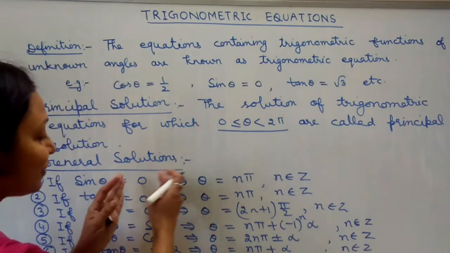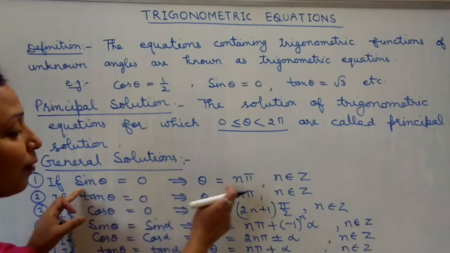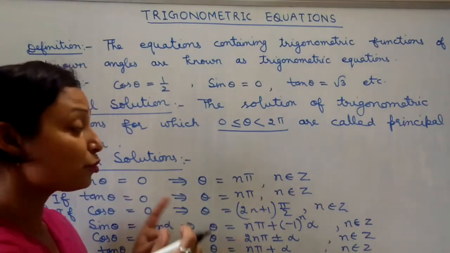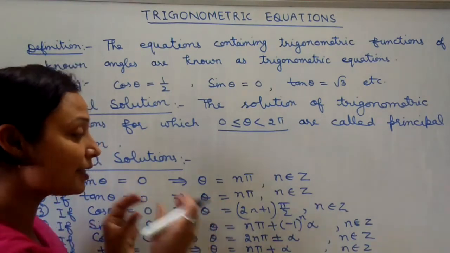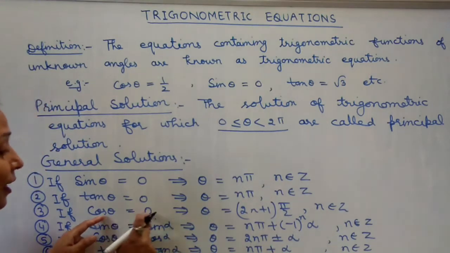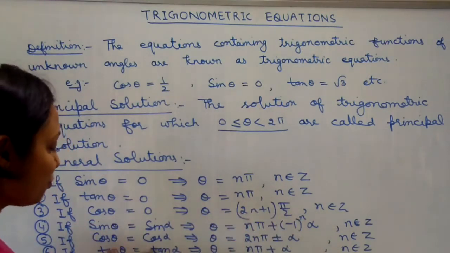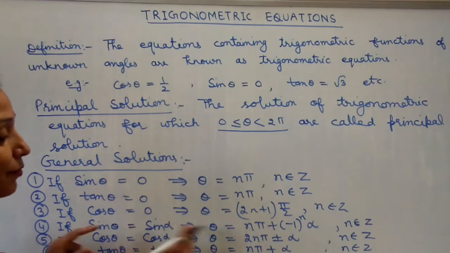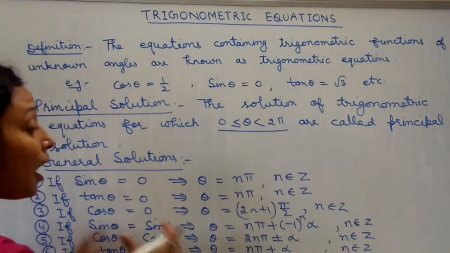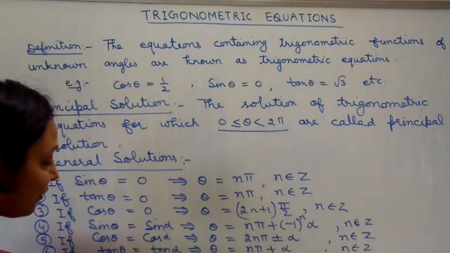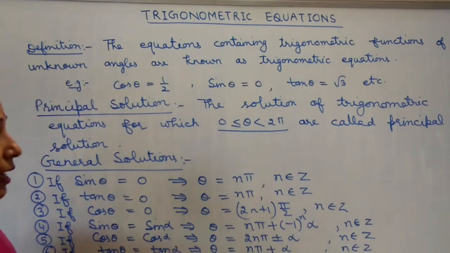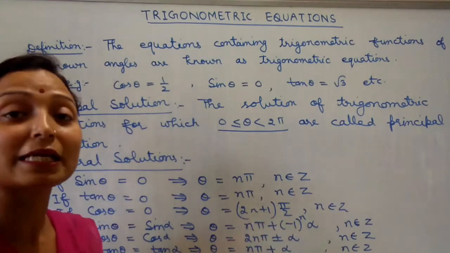Okay. Now come to these 3 formulas. These 2 formulas are the same, so it is easy to keep these formulas in your mind. Now this is the third formula, 2n plus 1 pi by 2. Now if sin theta equals sin alpha, then there is one formula. Then for cos theta and cos alpha, another formula, and the third one is tan theta equals tan alpha, then theta equals n pi plus alpha.